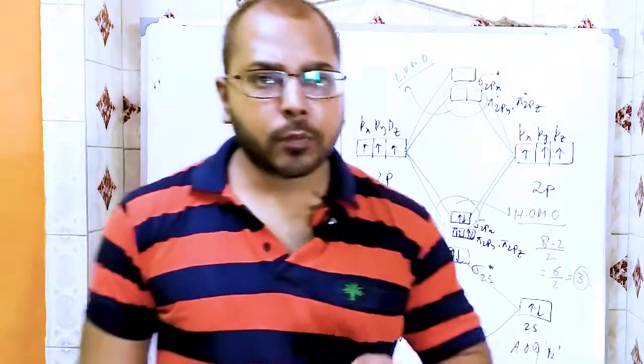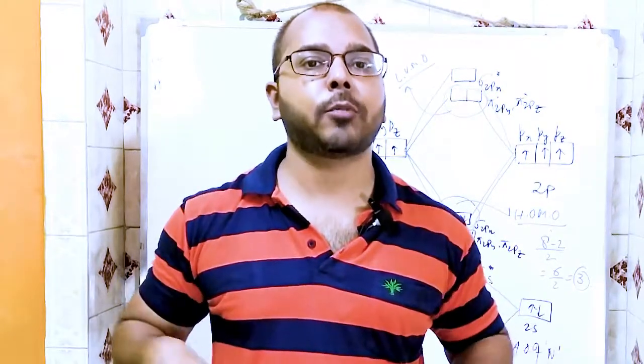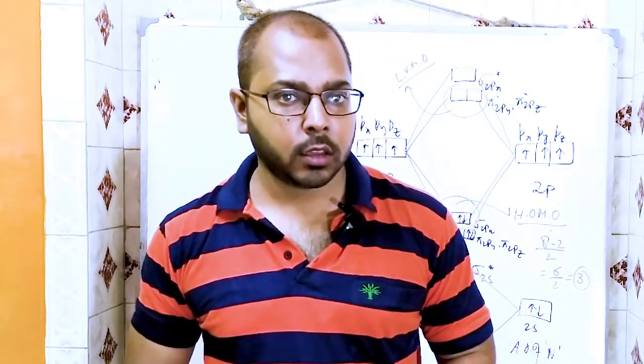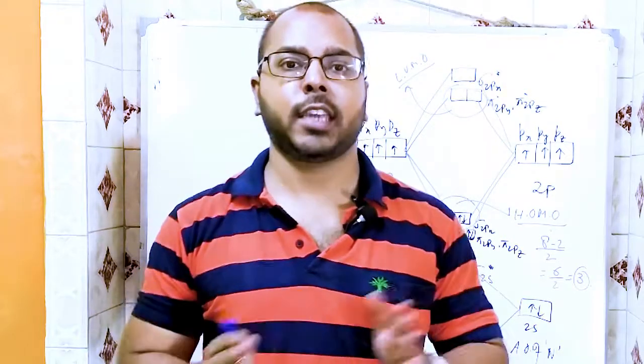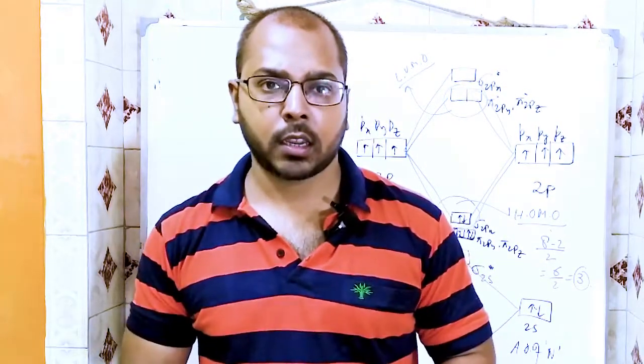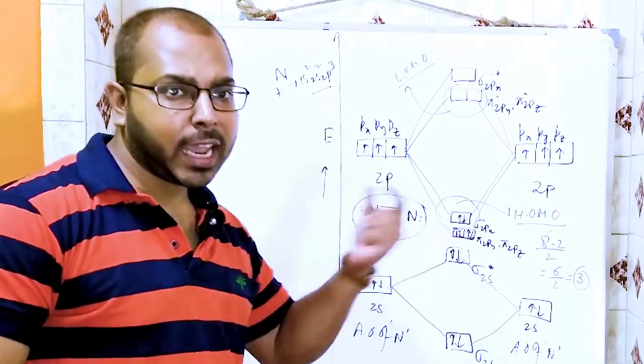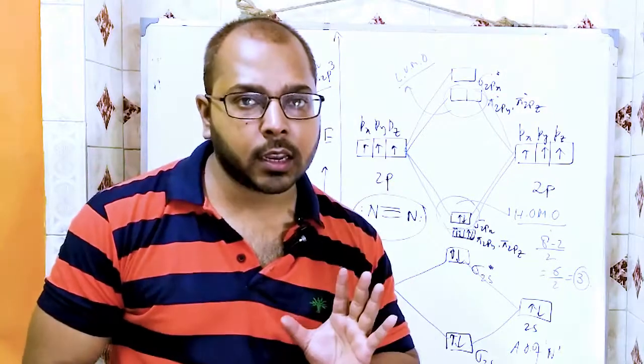So this is the end of this video. I have discussed the initial concept of molecular orbital theory: what is bonding, what is anti-bonding, sigma, pi, sigma star, pi star, and sp mixing. That is why sigma energy will be slightly higher.